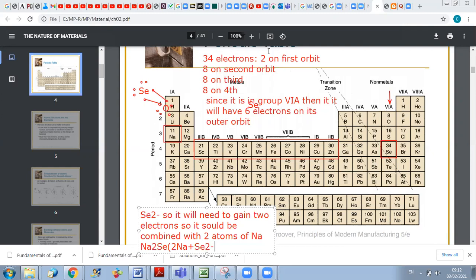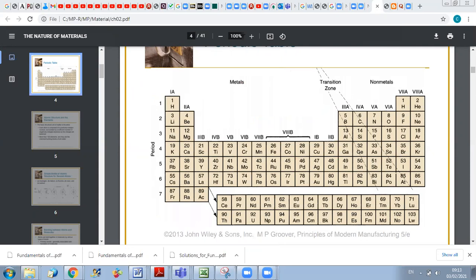Now the second element they gave us to draw its Lewis structure is krypton, Kr. As you can see here, where is krypton? Krypton is in group 8A. This means what? How many electrons does it have in its outer orbit?